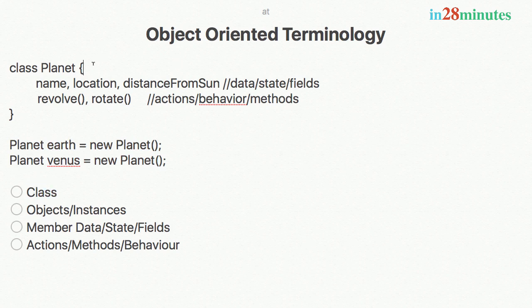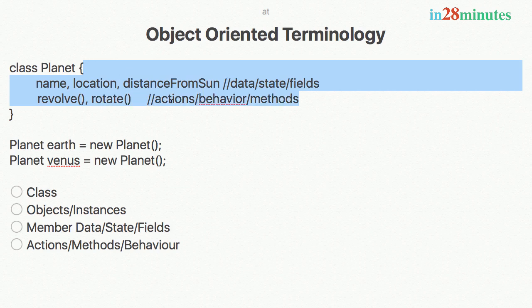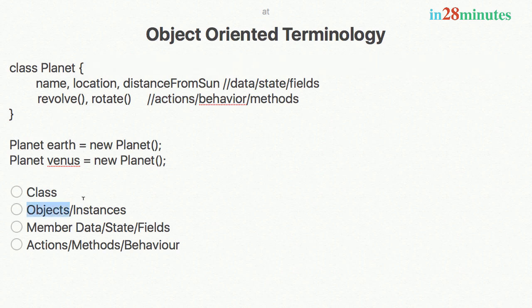A class is nothing but a template. A class can define what are the data that an object can have and what are the actions that can be performed on an object. A class is like a template. For example, a person is a class. An object is an instance of a class.